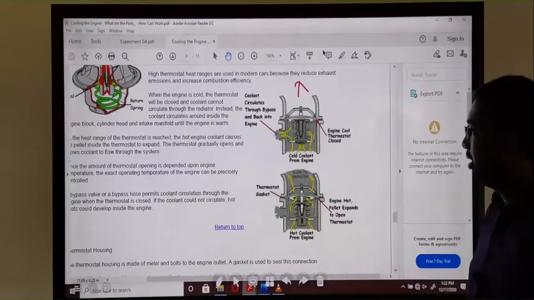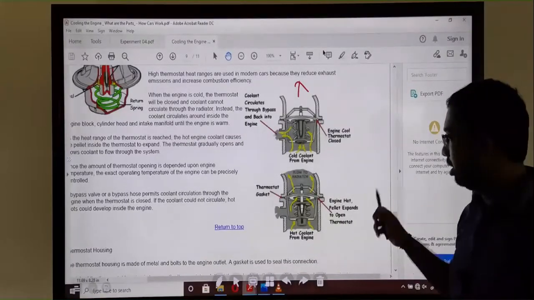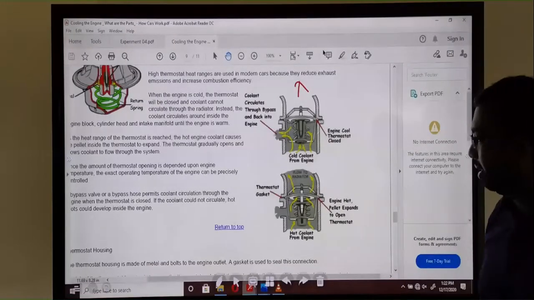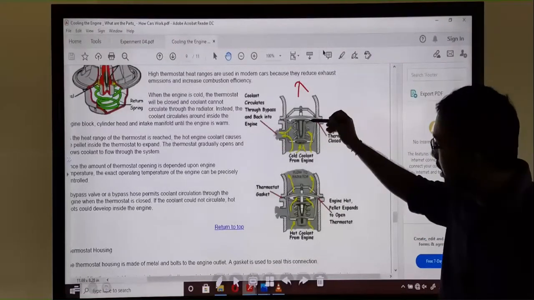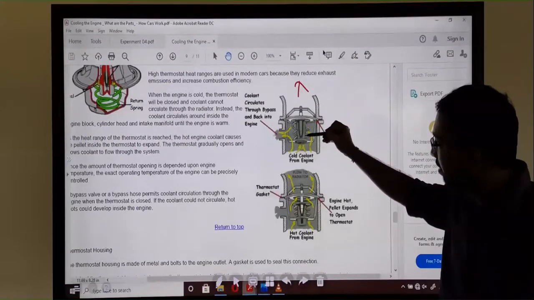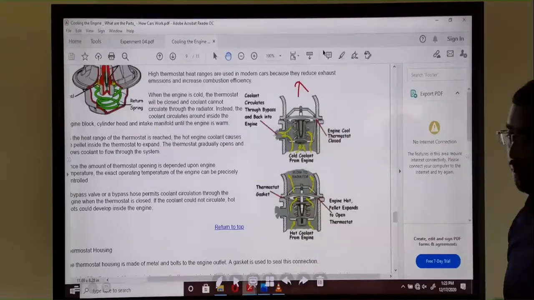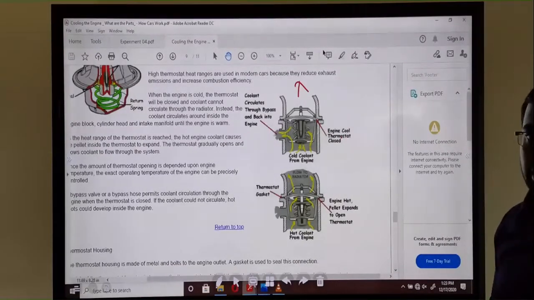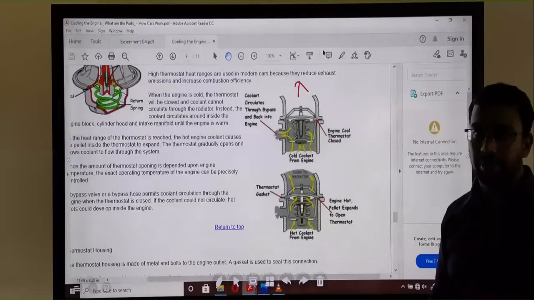When the coolant is hot, what will happen? You can see this is like a shaft or lever. There is a wax, like a gel. The candles are also manufactured from wax. It has a low melting point.